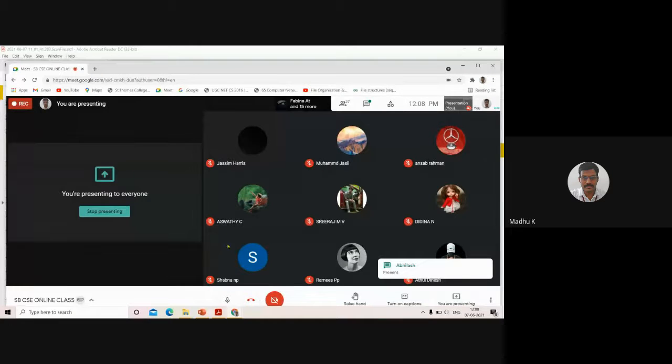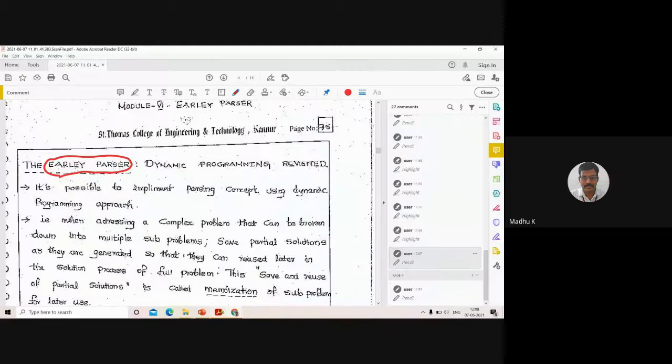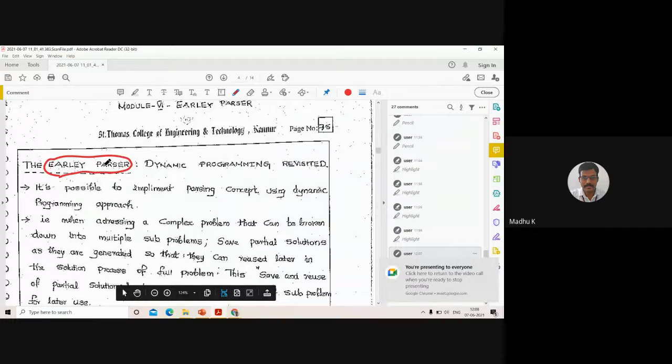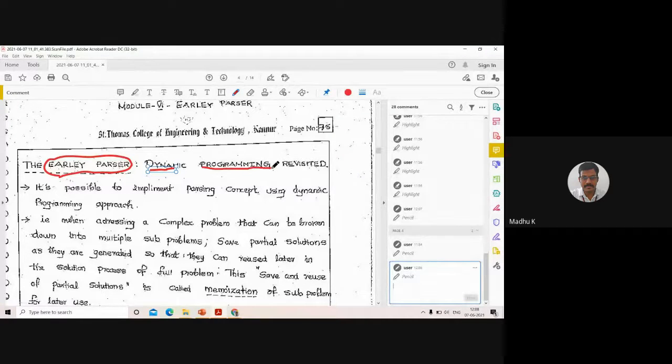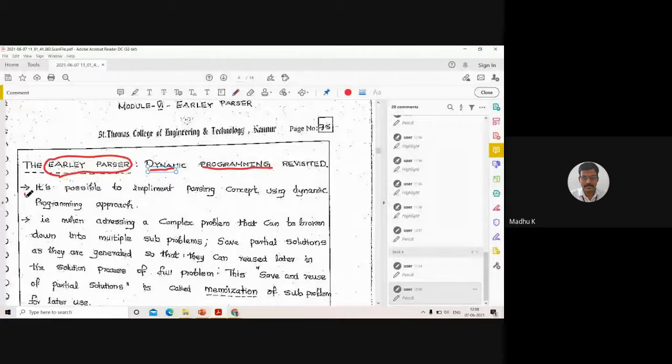So the Earley parser is the next type of parser that uses the dynamic programming approach. So the first point is, it is possible to implement the parsing concept using the dynamic programming approach.